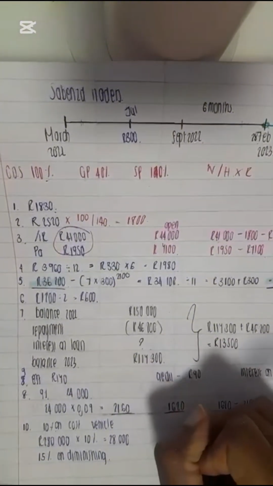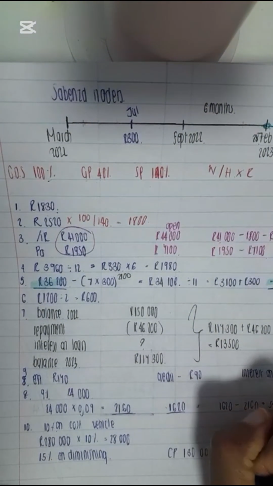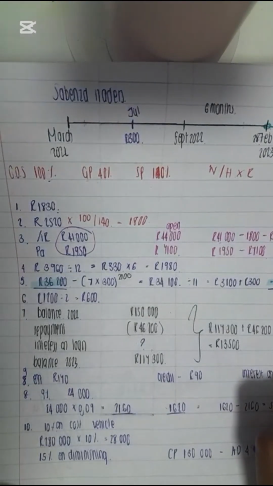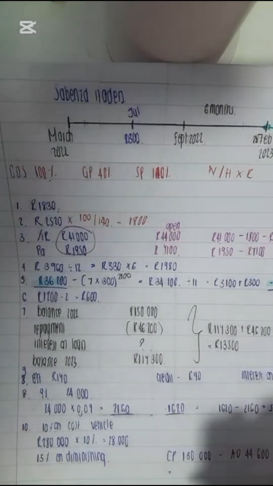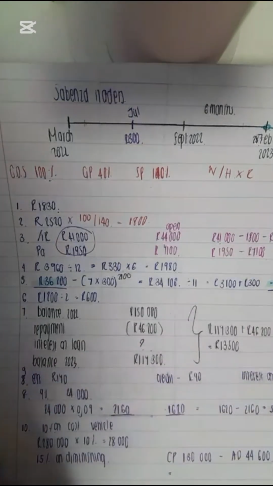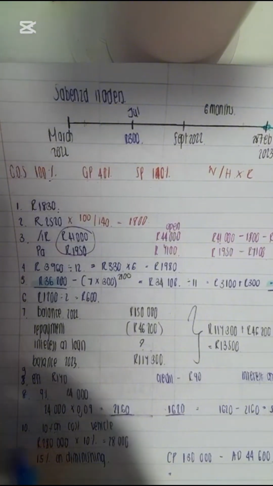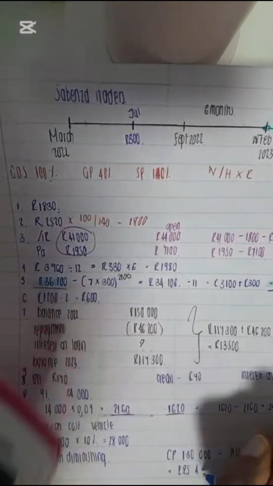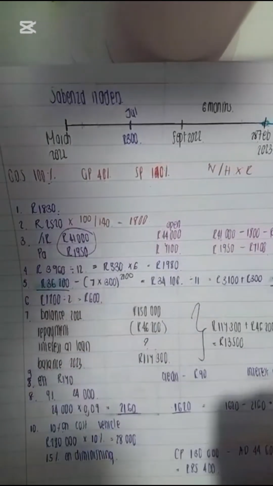So our cost price is 130,000 minus our accumulated depreciation being 44,600, and we get a total amount of 85,400. So this is for the old.